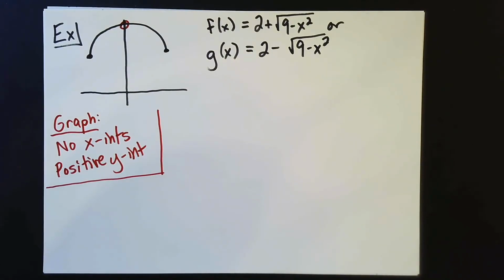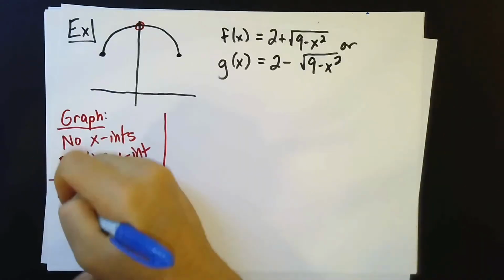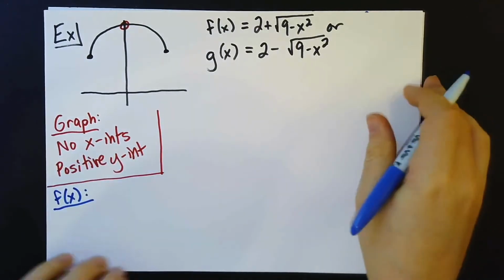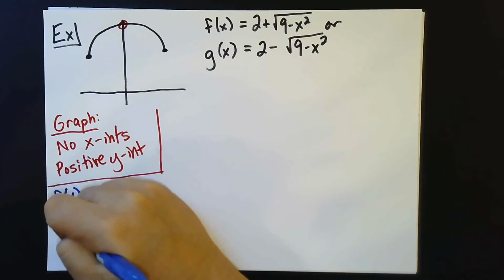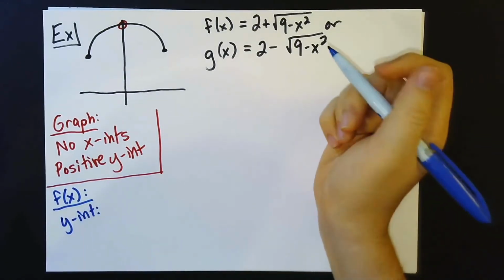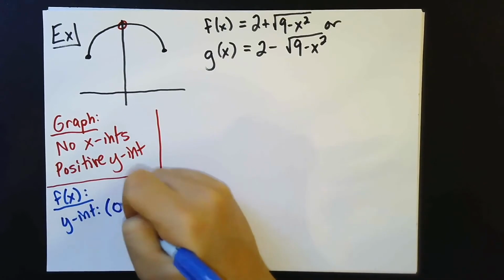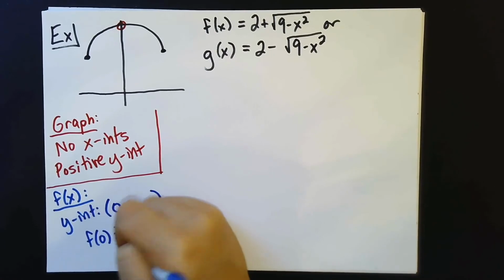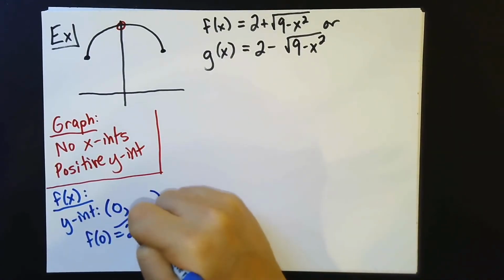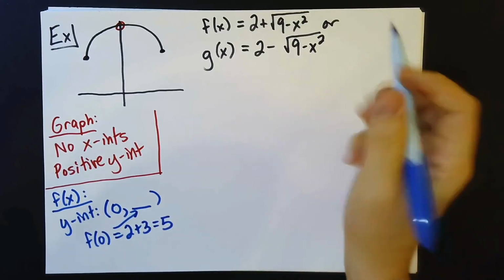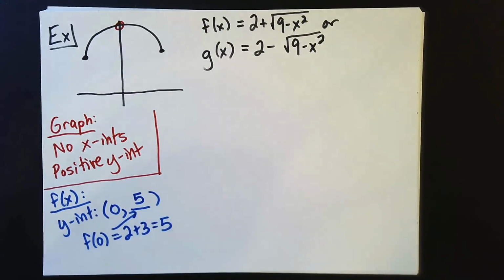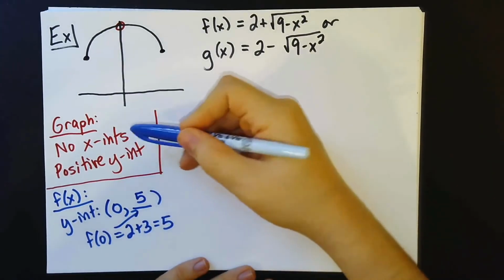Now, if I look at f of x, let's start with the y-intercept. The y-intercept here is (0, f of 0). f of 0 here is 2 plus 3, which is 5. So the y-intercept here is (0, 5). And that's positive, it matches the picture.